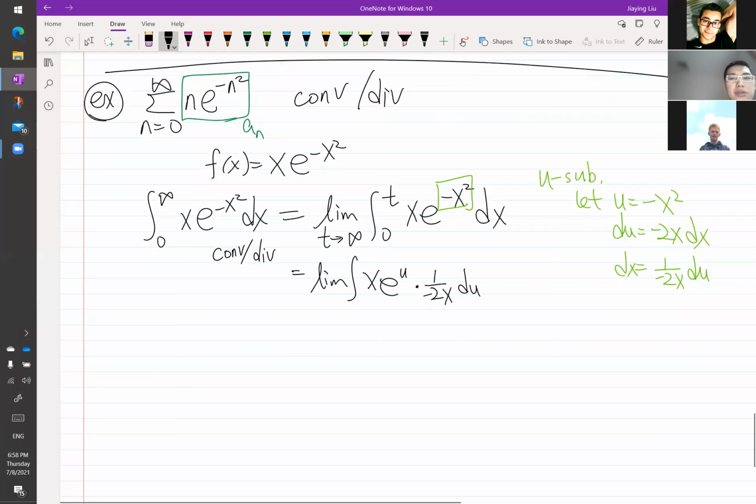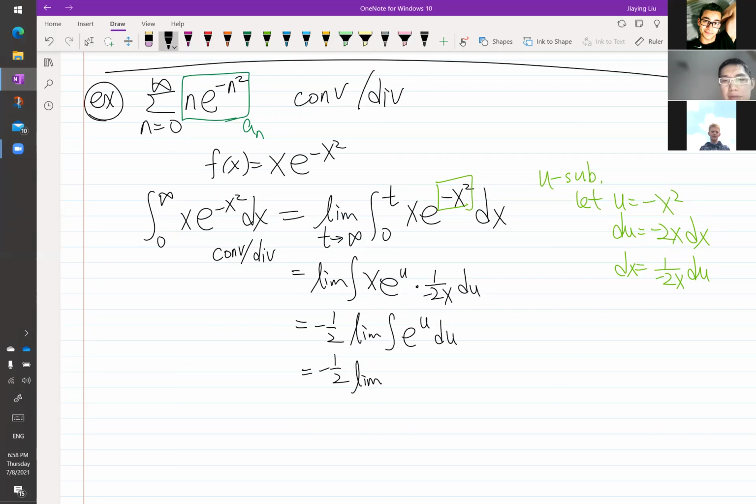The x will cancel. I'm going to bring the negative 1 over 2 in front of the limit. So that's negative 1/2 times the limit of the integral of e to the u du.